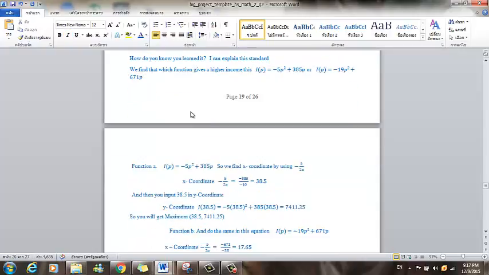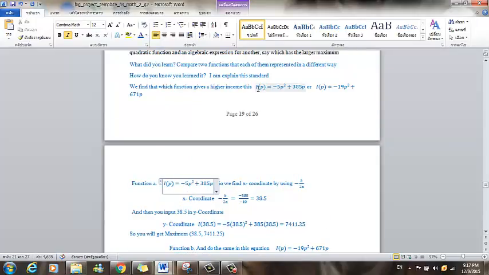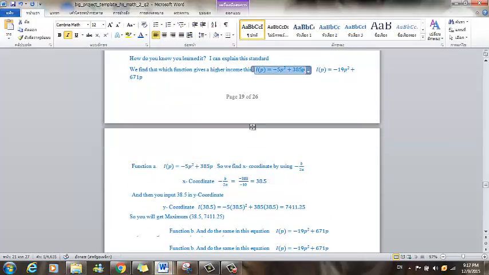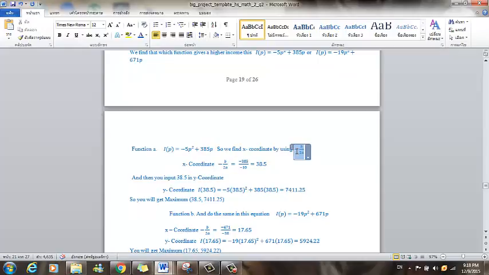So how to find it? For function A, we find the x coordinate of the vertex by using minus b over 2a. This is how we find the x coordinate.